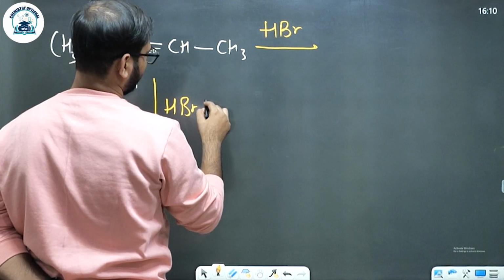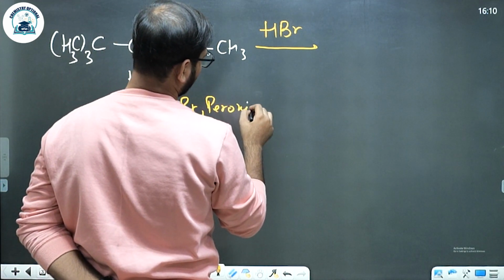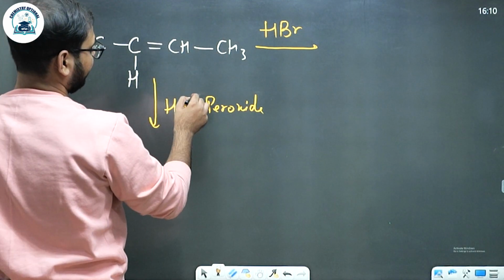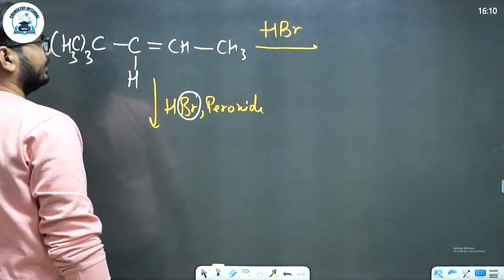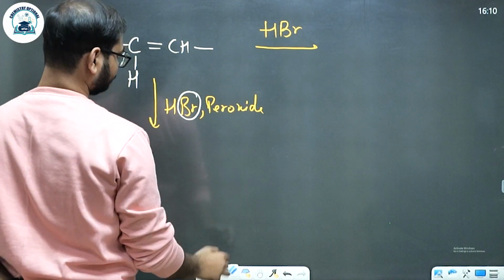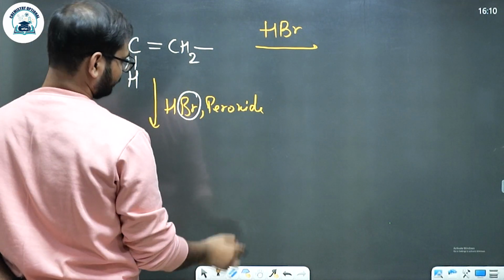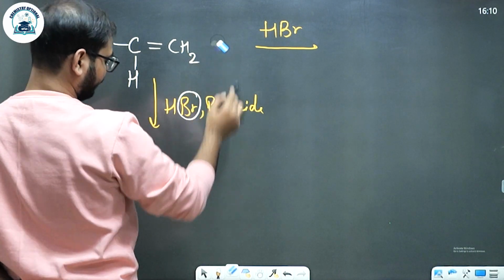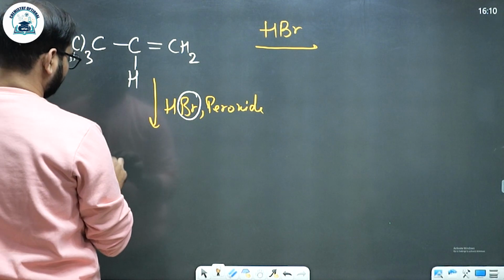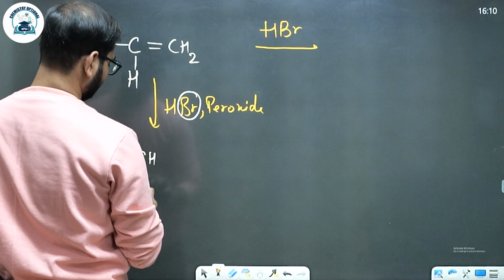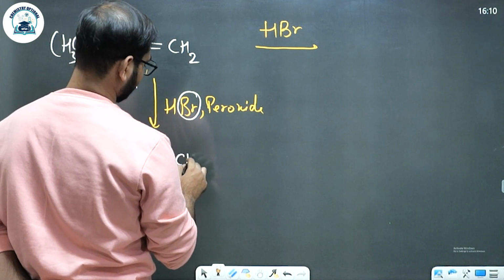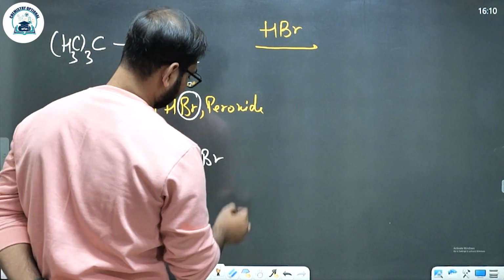and you are adding HBr in the presence of peroxide. In the presence of peroxide, we know that the Markovnikov rule will get inverted and this negative portion will attack that carbon which has more hydrogens, giving us the product (CH3)3C, CH, H, giving us CH2Br.